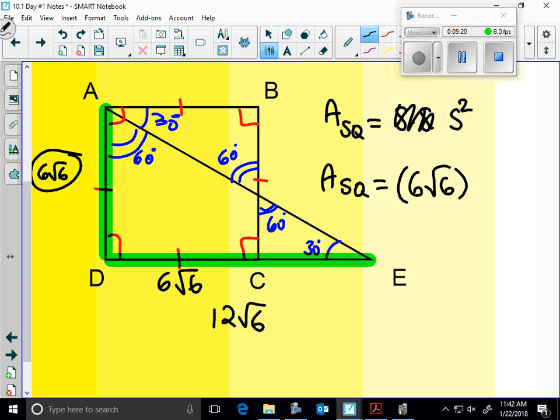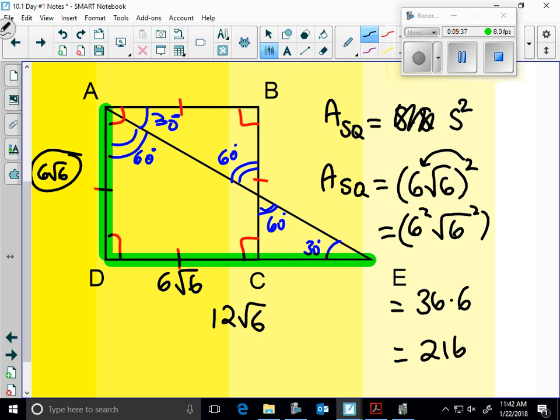Instead of side times side, how about side squared? Which would be 6 squared times the square root of 6 squared. That's 36 times 6, which is 216 units squared.